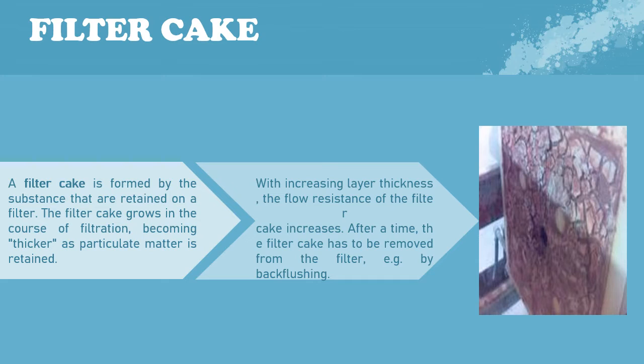Filter cake. A filter cake is formed by the substances that are retained on a filter. The filter cake grows in the course of filtration, becoming thicker as particulate matter is retained.